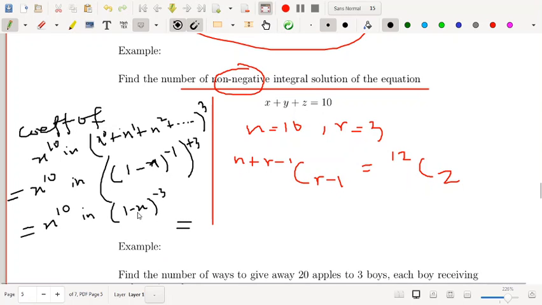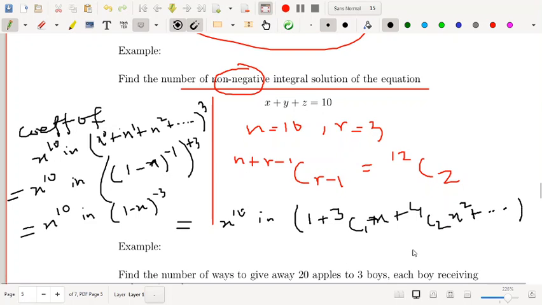The expansion of this is 1 plus 3c1 x plus 4c2 x square, etc. So look at that, the coefficient of x is 3c1, the coefficient of x square is 4c2.